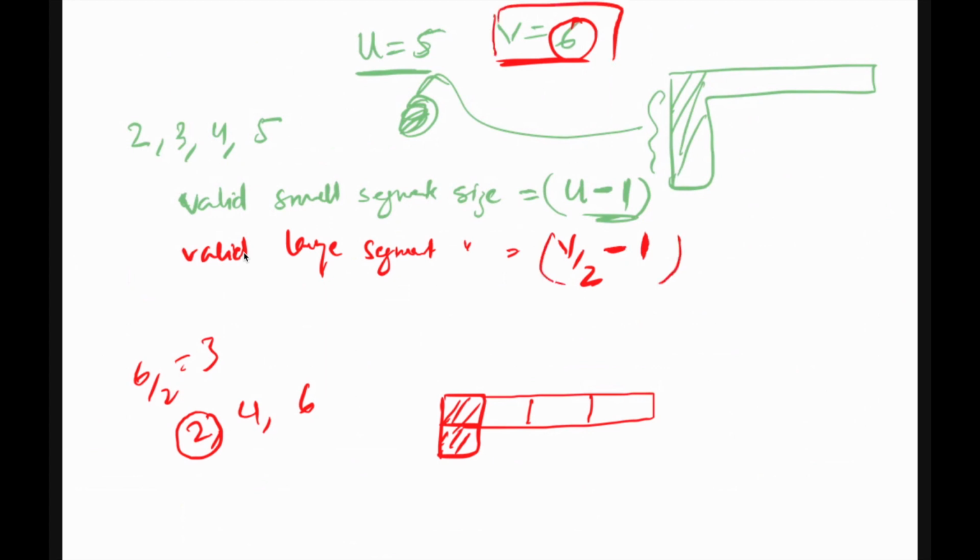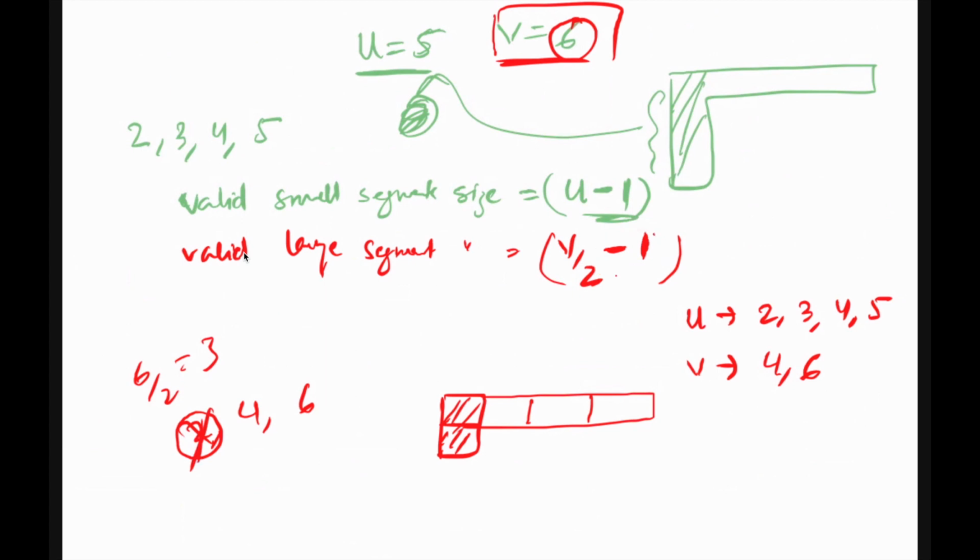Okay, so out of these possibilities, from u the valid cases were 2, 3, 4 and 5 for the smaller segment size, and from v the valid cases for the larger segment size were 4 and 6, because we neglected 2 by doing minus 1 here. So what is the total number of valid L shapes here?